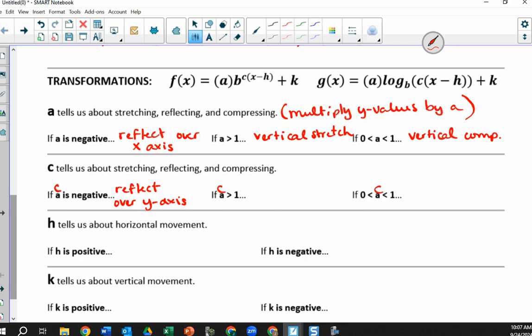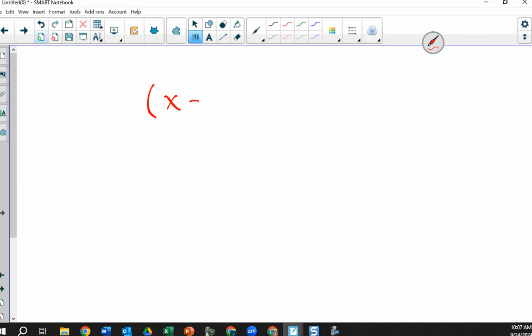Okay, the next two are weird. If C is bigger than 1, it is a horizontal something, but it's the opposite of what it seems like it should be. Think about it when we do shifting. If you have, in parentheses, x minus 3, do you guys know that that's shift to the right 3? Okay, it says minus, but we're going to go to the right.